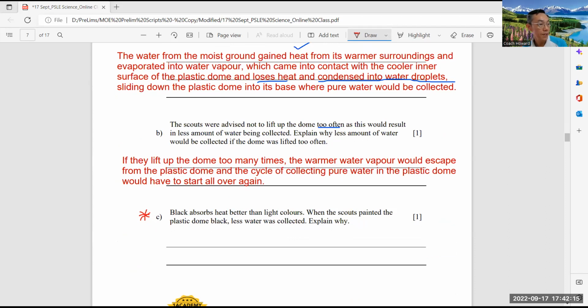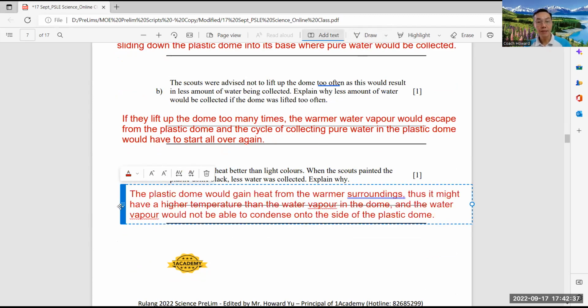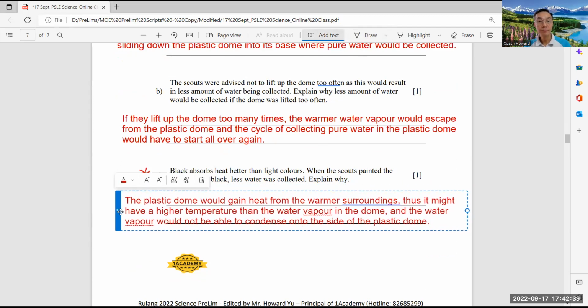So you would say that the plastic dome would gain heat from the warmer surrounding and it might have a higher temperature than the water vapor in the dome. And the water vapor would not be able to condense. Okay, so this is the answer. I put it here. You say the plastic dome would gain heat, or maybe you can be more specific.